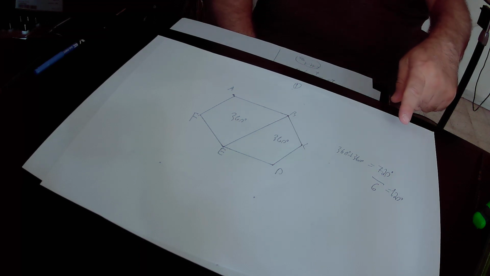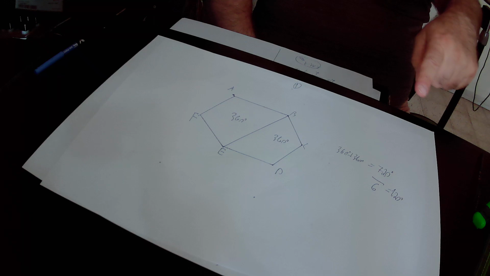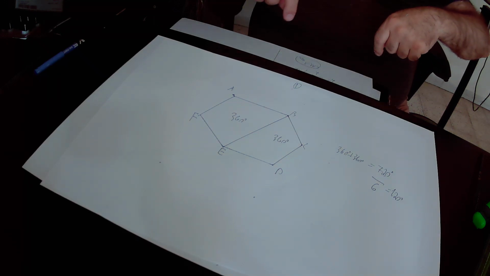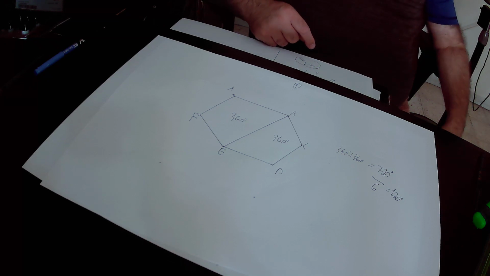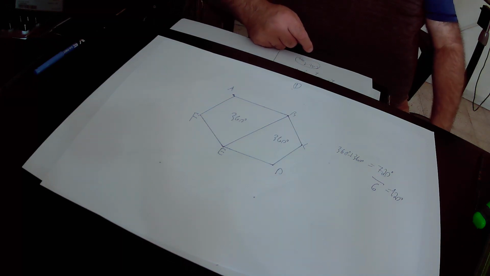And 720 degrees over 6 is 120 degrees. So we found out that each of those 6 angles is equal to 120 degrees. Okay?